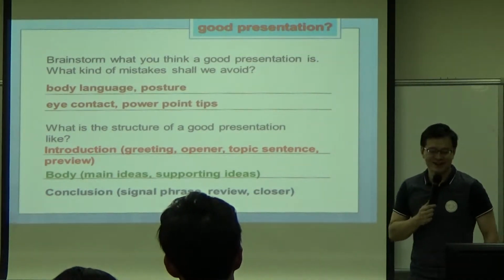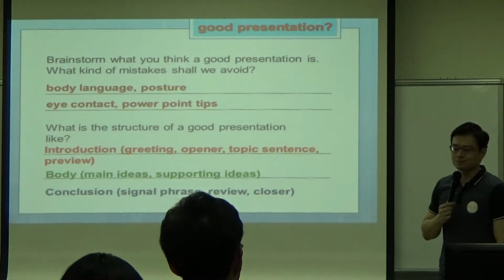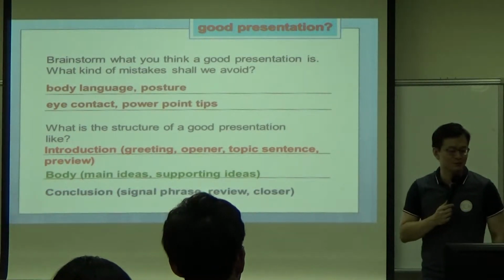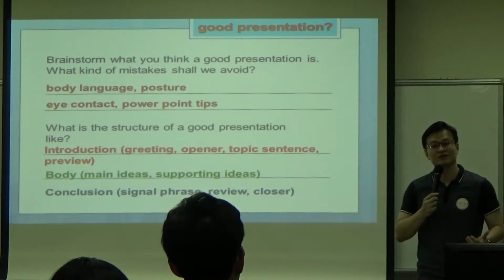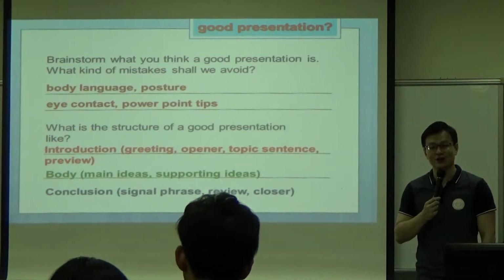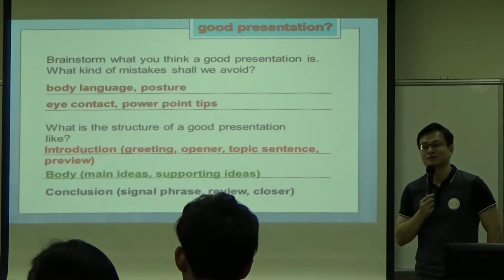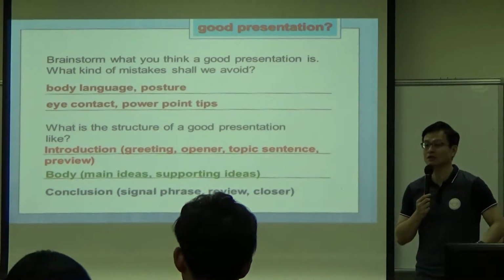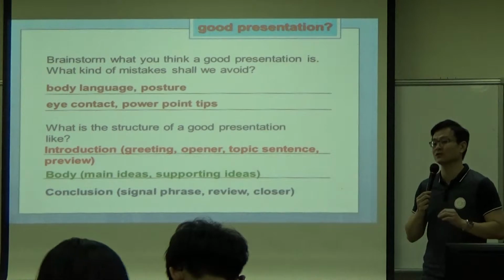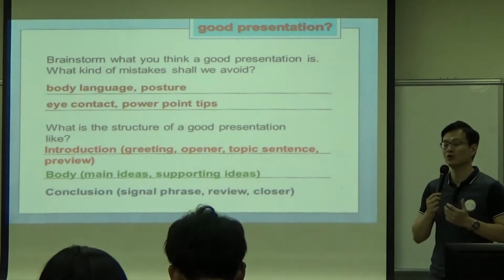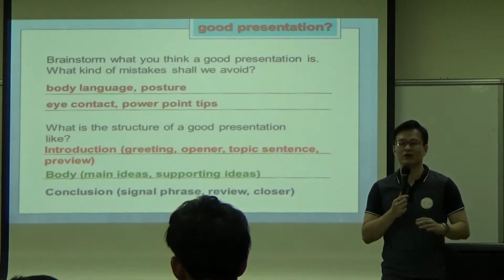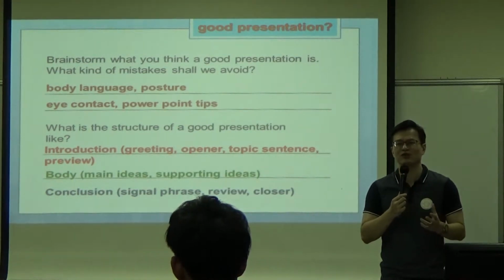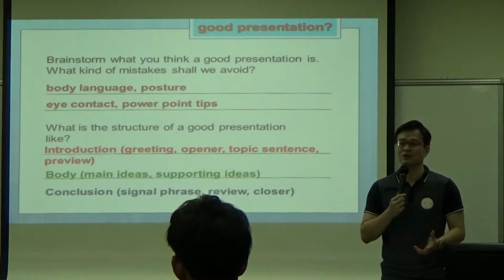So, what do you think about the speed we should deliver in a presentation? Freddie, what do you think? In presentation, what is the perfect speed we need to have? Should we talk in a fast way, or should we talk at a relatively slower pace?